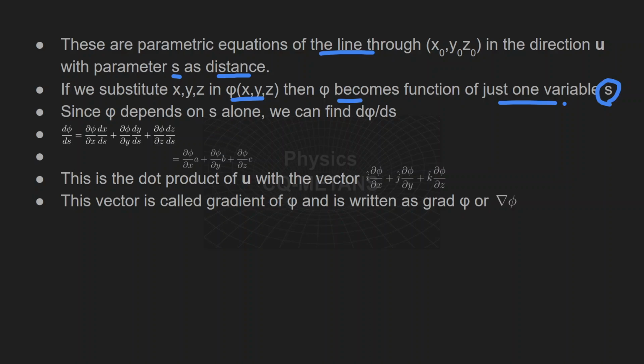So as phi depends only on s, we can find d phi by ds. Now phi is a function of x, y and z.